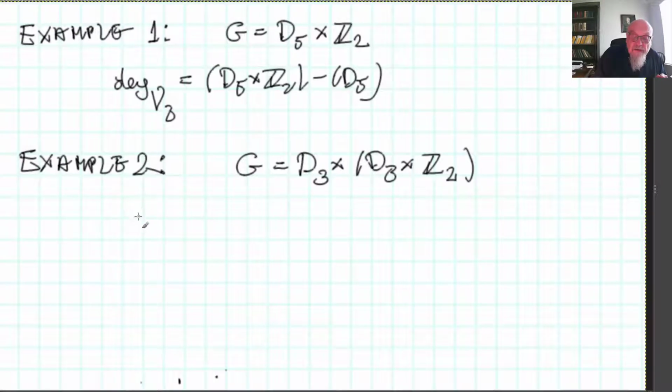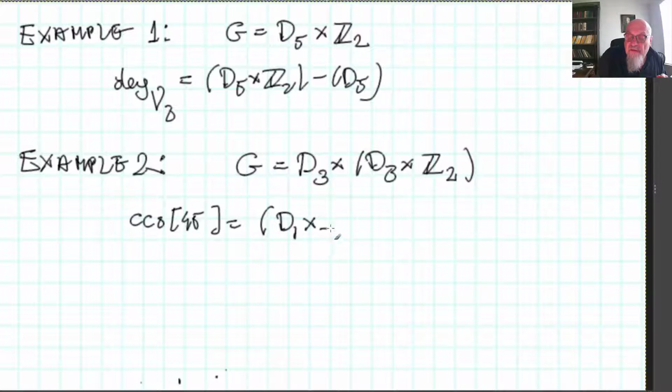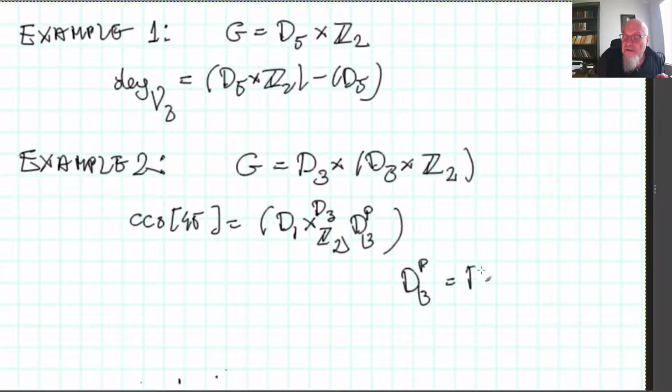So this CCS45 is actually the conjugacy class which looks like this: D1 times Z2 here, and this one is D3, and this one is D3P. D3P, and remember D3P is just D3 times Z2. Okay, so we have these symbols decoded.